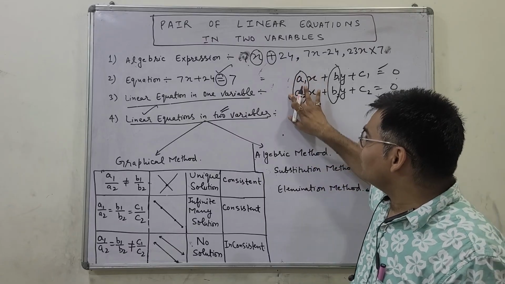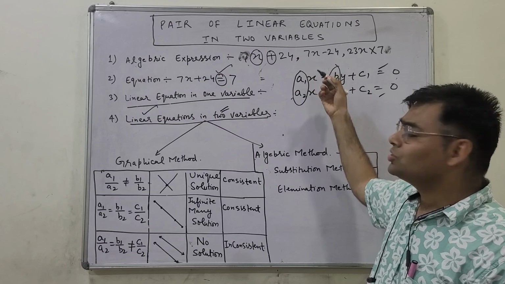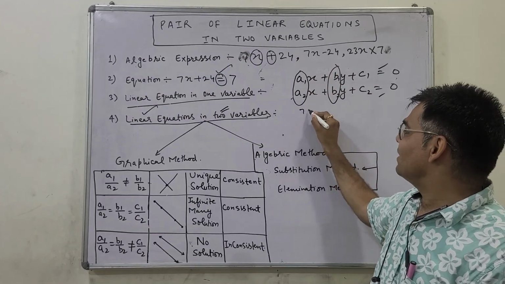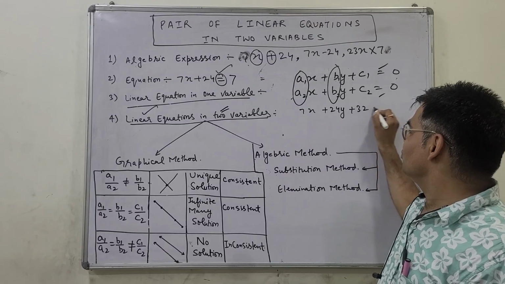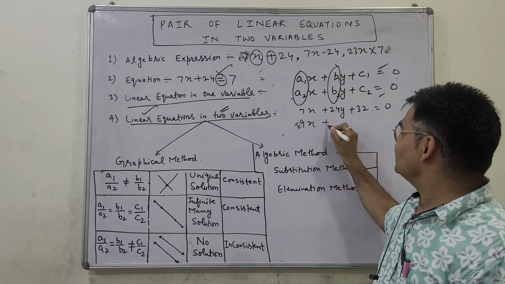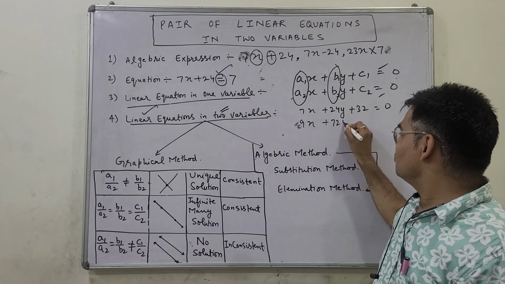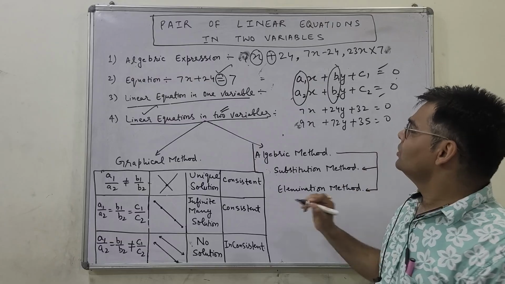Let's discuss what is this A1 by A2, B1 by B2 and C1 by C2. Let us suppose some real numbers and some integers: 7x plus 24y plus 32 is equal to 0, and 9x plus 72y plus 35 is equal to 0.